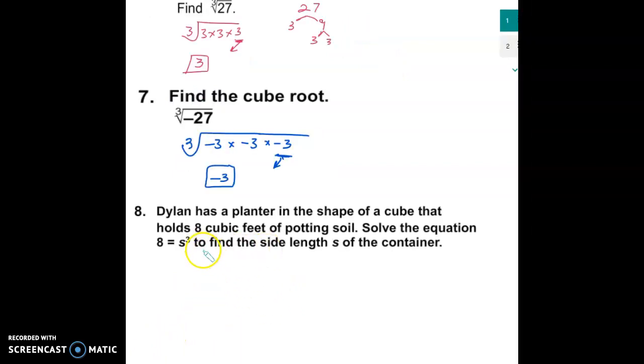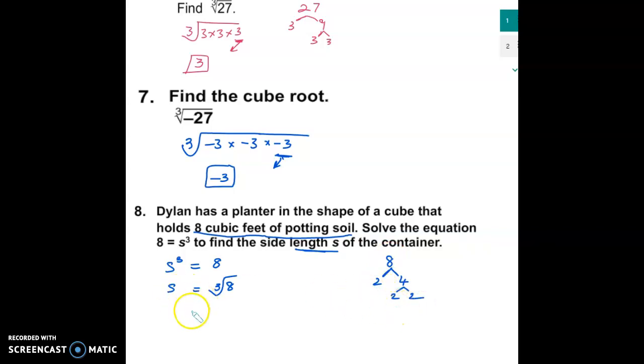Let's look into the last question of this lesson. Dylan has a planter shaped as a cube that holds 8 cubic feet of potting soil. Solve the equation for the side length of the container. So you have s cubed equals 8. S cubed means you can write it simply as the cube root of 8. What three factors give you 8? I can break it down: 2 times 4, and 4 is 2 times 2.